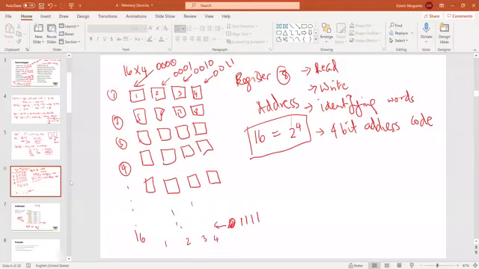Whether I want to access register 0, or register 7, or register 16, these will take the same time. That's what is meant by random access. Whichever part of the memory you're accessing, it will take the same time.